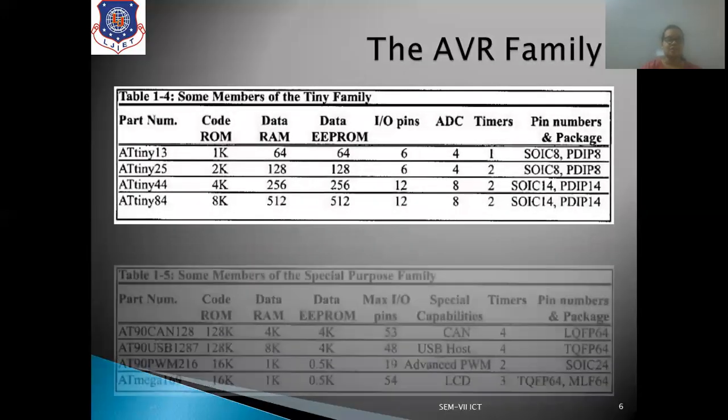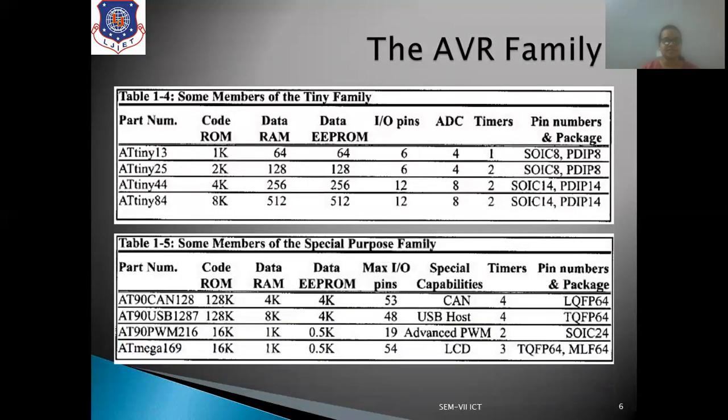Now, based on these two tables, we will compare the tiny family and the special purpose family. The tiny family, as we have shown, is ATtiny, and at the back the suffix has a serial number: 13, 25, 44 and 84.